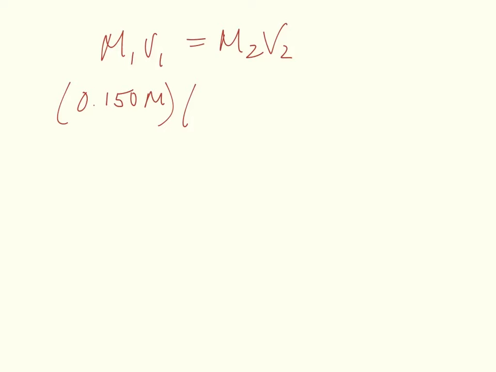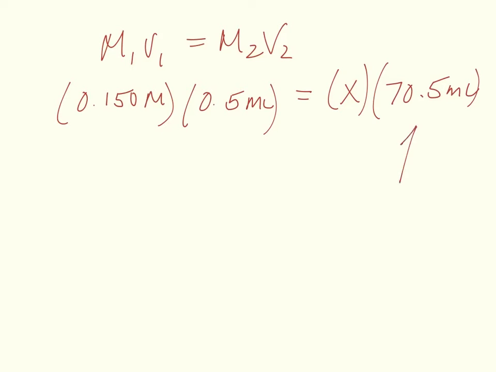So now what we need to do is we're just going to do a dilution problem. Basically, we're saying this: M1V1 equals M2V2. The molarity of the base that we're adding to our container is 0.150 molar, and we are adding half a milliliter of it to this container that has in it now 70.5 milliliters of solution.